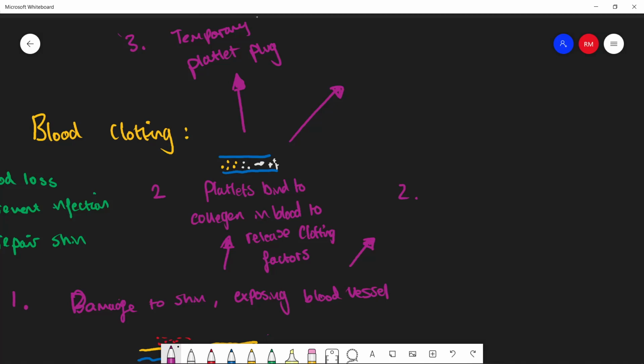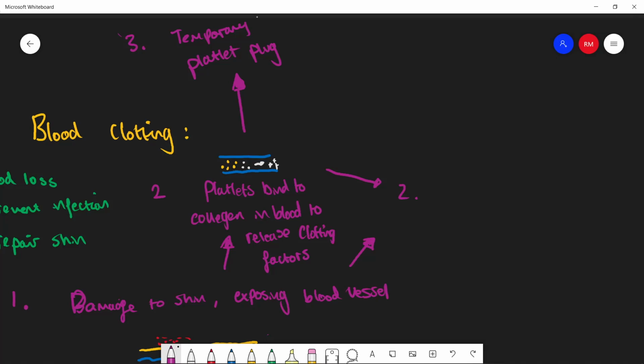Now, these two factors here will come to the same thing, and that is the activation of thrombokinase. I can never pronounce that enzyme.